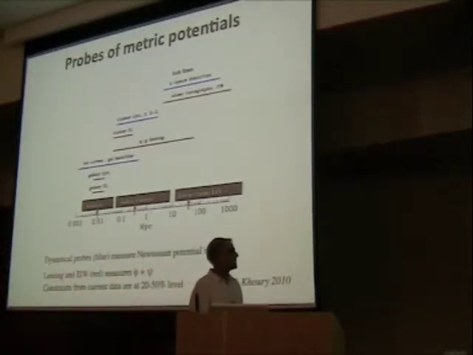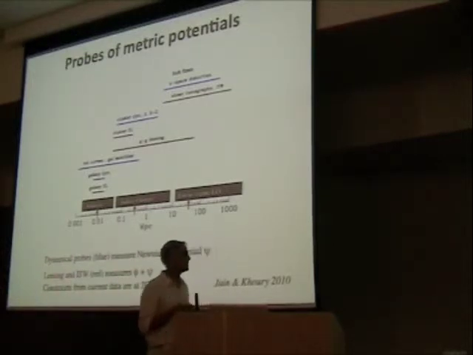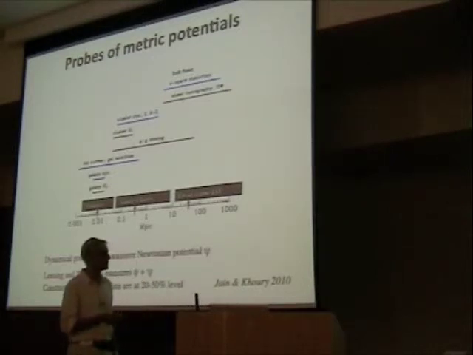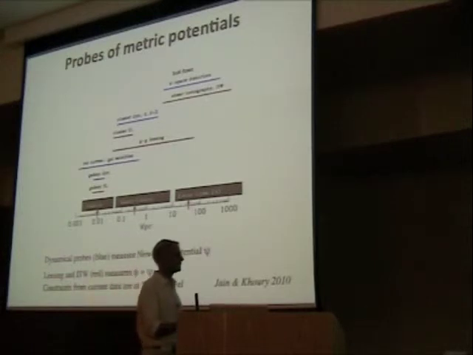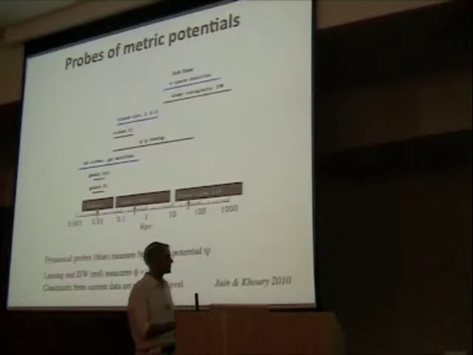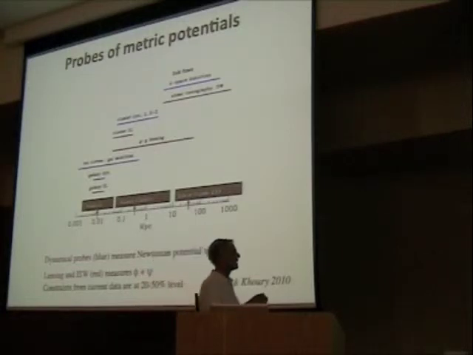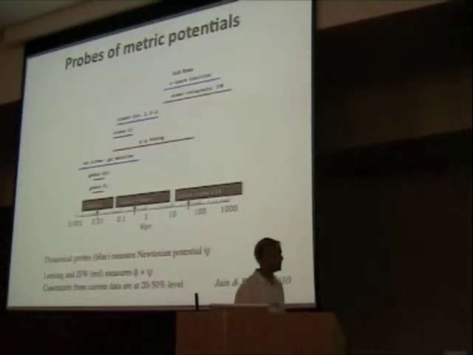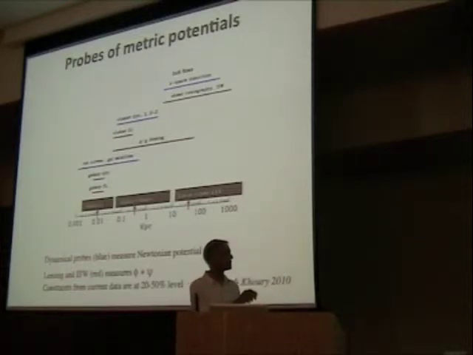So this is a way of putting together how we can think about observations to test gravity theories. There are dynamical probes in blue that measure the Newtonian potential, and lensing and ISW that measure the sum of metric potentials in red. And you can see that now there's a place for galaxy scale measurements, cluster scale measurements, large scale structure measurements, and their combinations are the most powerful.